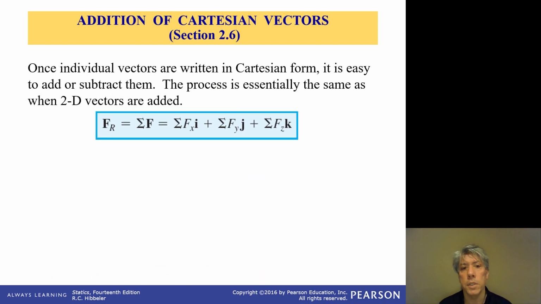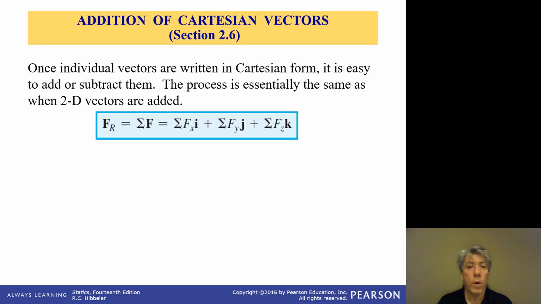All right, so let's talk about how we would add these three-dimensional Cartesian vectors. It's pretty easy. It's very similar to 2D vectors. All we have to do is add the components. So first of all, if we have vectors that we want to add or subtract, we've got to have them in component form so that we can work with them.